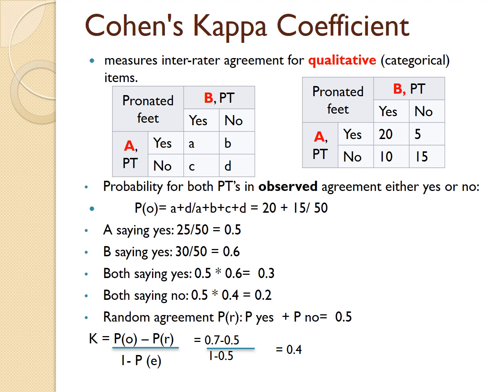So the total value at the end is 0.4. The Cohen-Kappa ranges from -1 to 1 and indicates how good the inter-rater agreement is for categorical data.